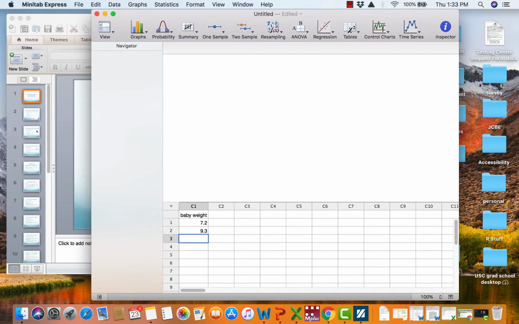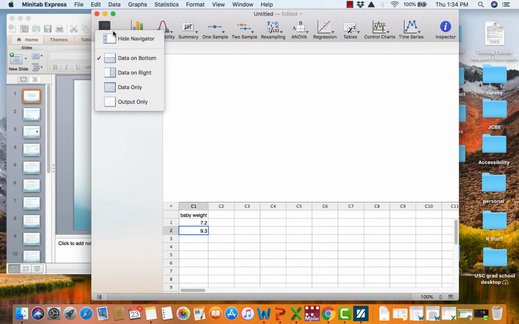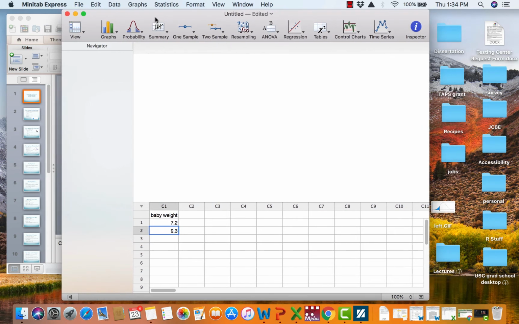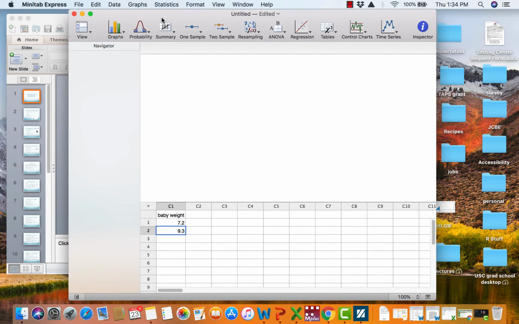So here's an example of two babies and their appropriate weight. If you do not see this view, you can click under view and make sure that you have data on bottom checked.